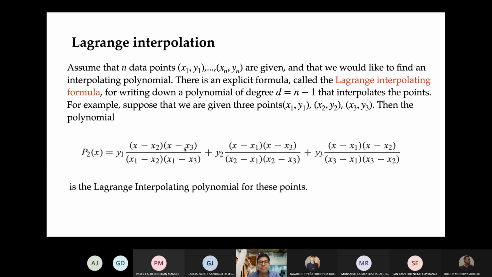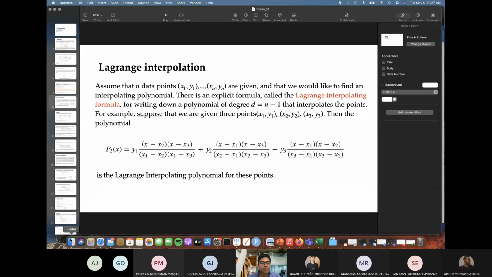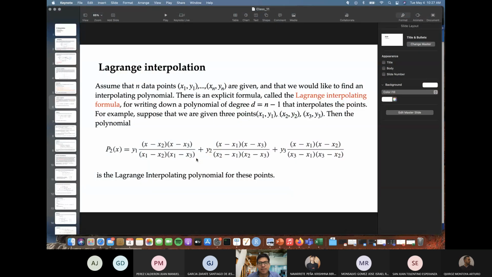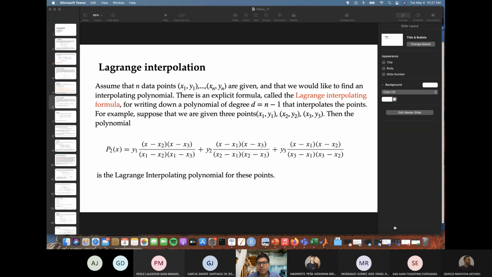Before we start into Lagrange interpolation, I would like to show you something in MATLAB, to give you an idea that there is always a polynomial or a function to actually interpolate. So let MATLAB open. Give it a second.